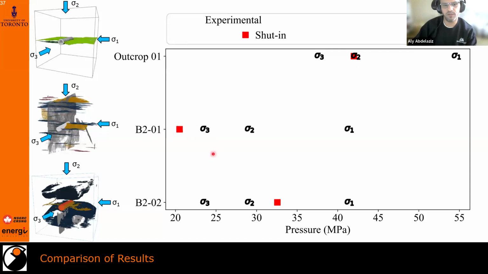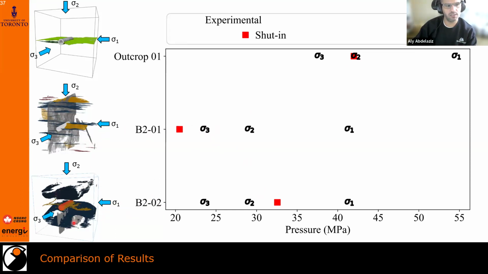Here it's less than sigma 3. Here it's greater than sigma 2. What we can say about this, though, is that there is fracture complexity. When you have water, which we see here, we haven't really created that many pathways. But when we have high viscosity fluid, we actually created a brand new fracture in this direction.